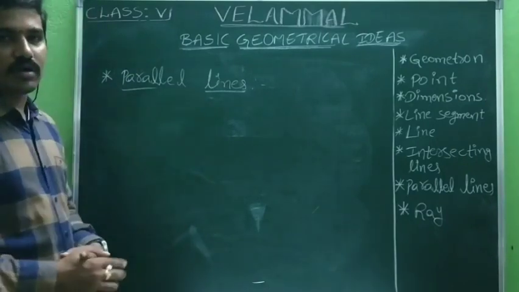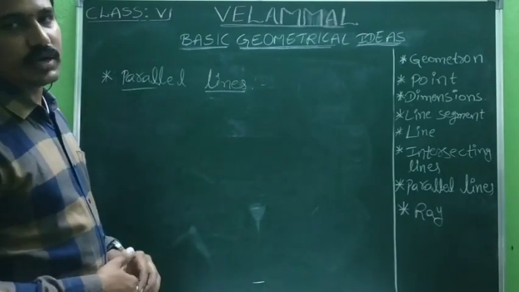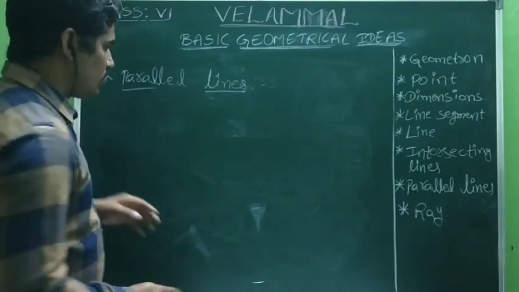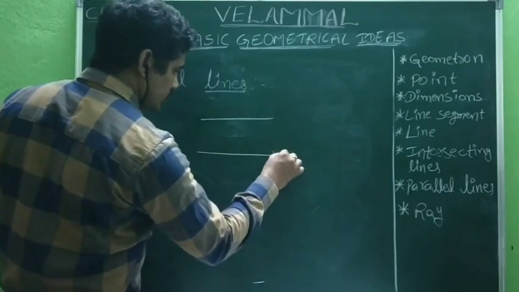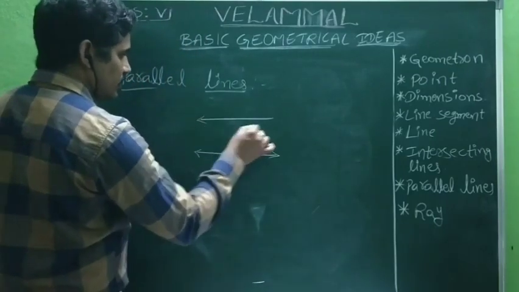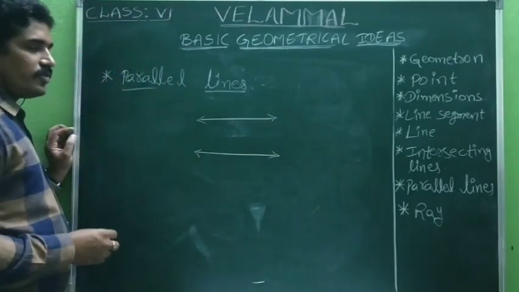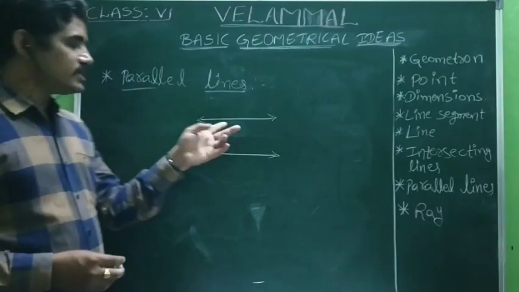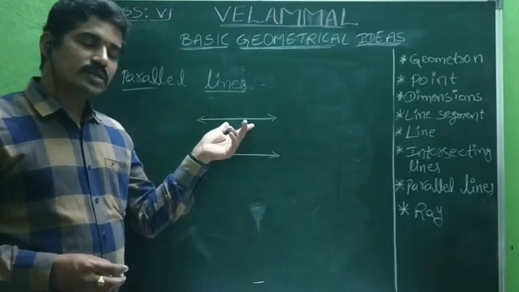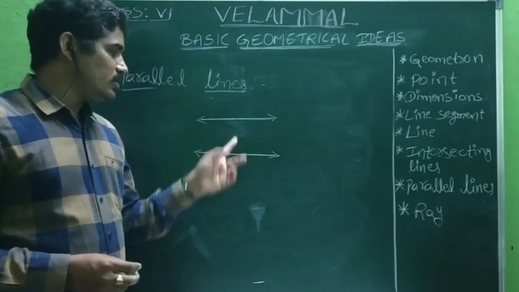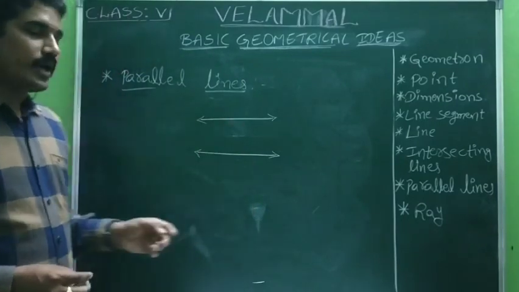The edges of your reading table also never touch or intersect. So these are called parallel lines. So if two or more lines do not have even one point in common, then those lines are called parallel lines.